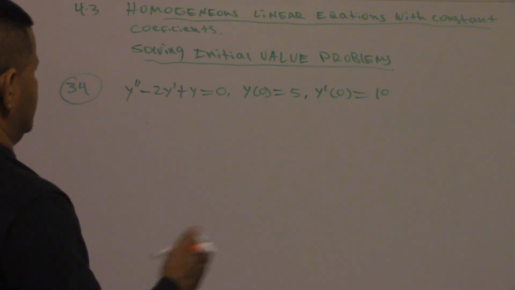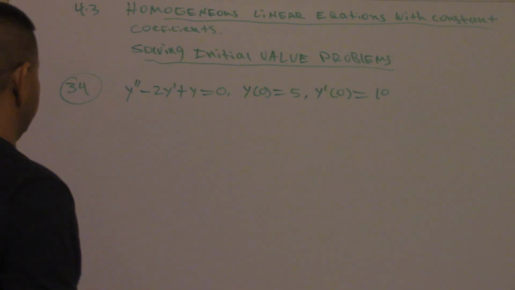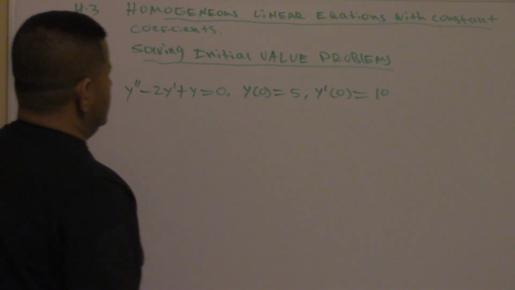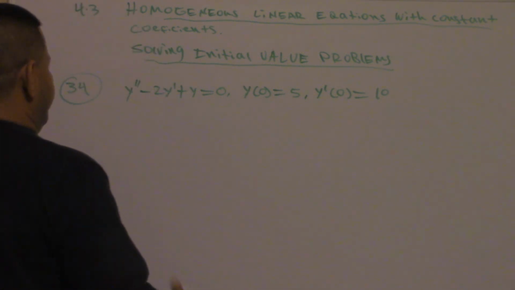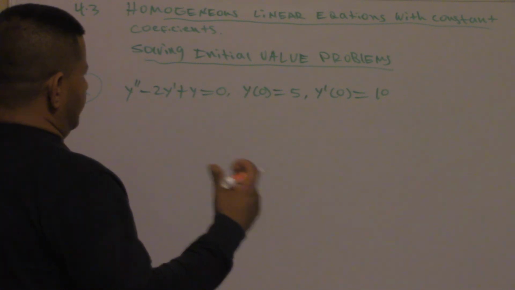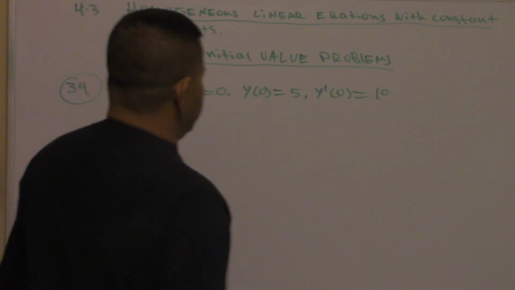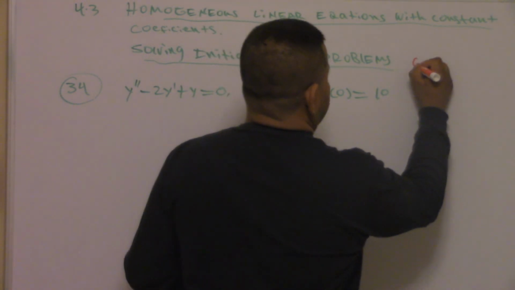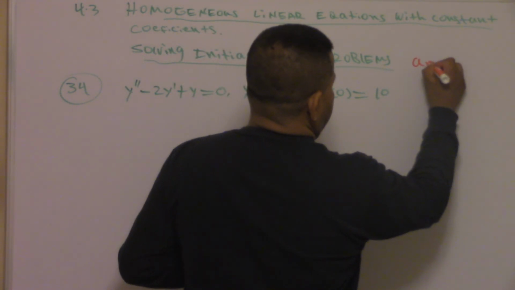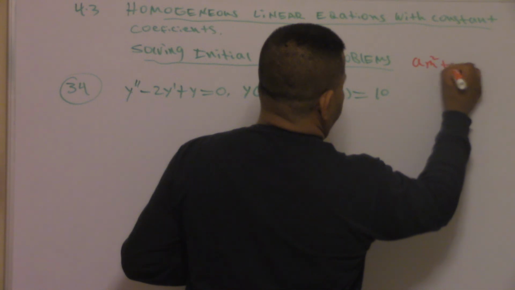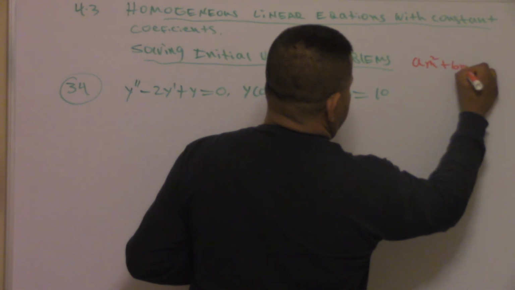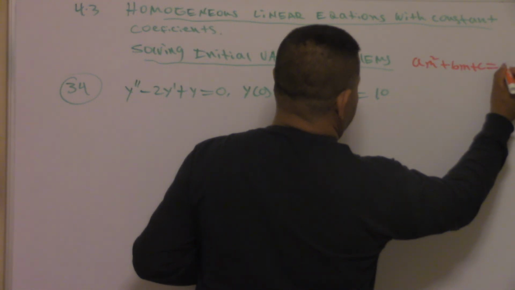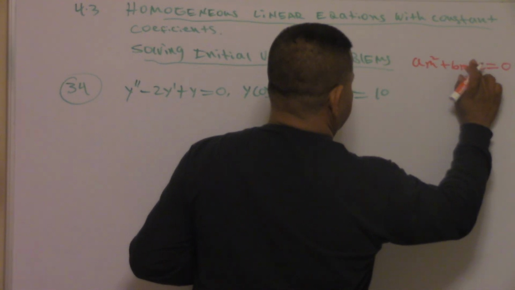So step one, I need to follow the procedure to find the roots. And I forgot to write the formula. The formula is a m squared plus b m plus c equal 0.